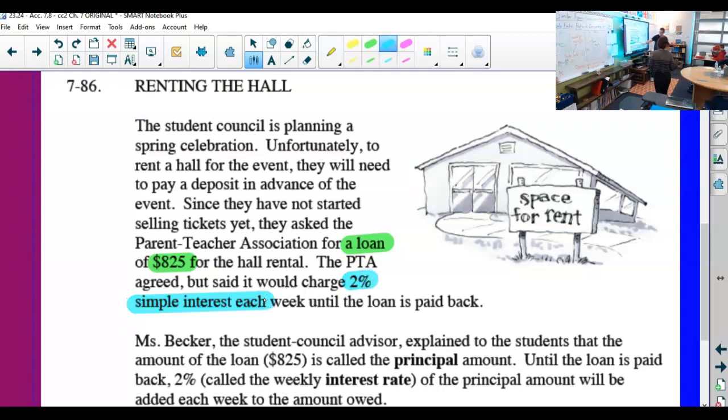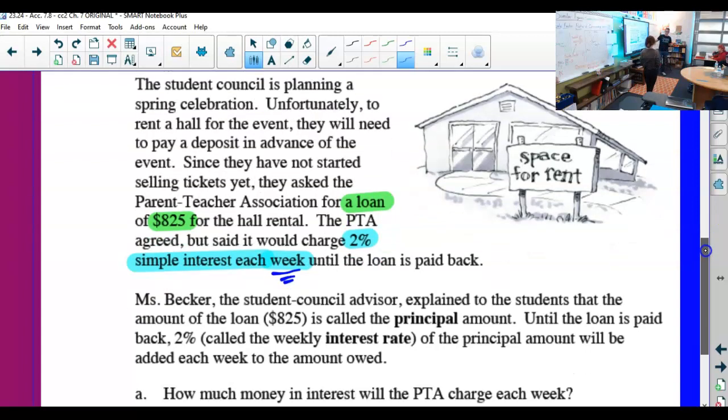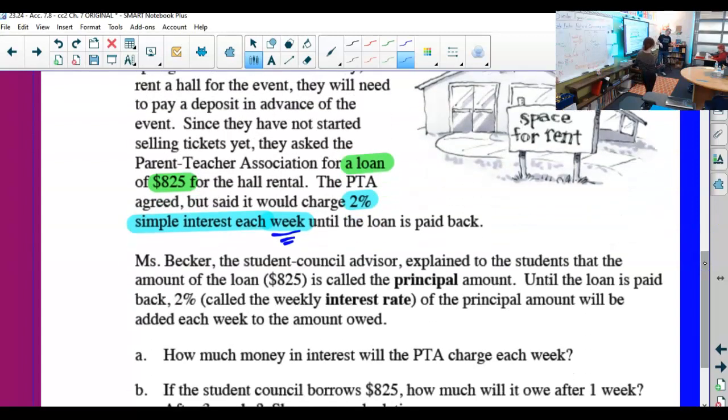It feels important to make sure we realize they're talking weeks. Mr. Beck, the student council advisor. Now hold on. On your paper, I changed this. I made it Mr. Beck just because. All right, go ahead. Mr. Beck, the student council advisor, explained to students that the amount of the loan is called a principal amount.